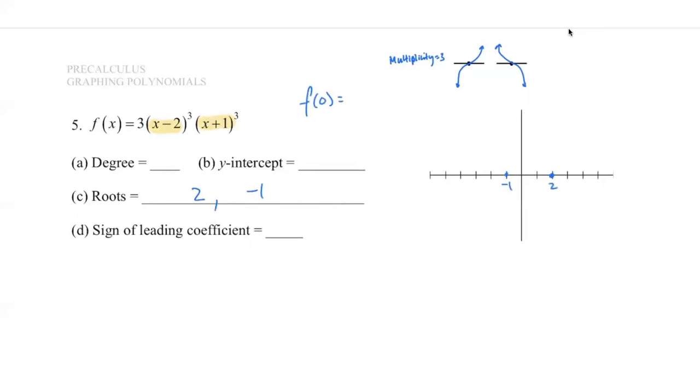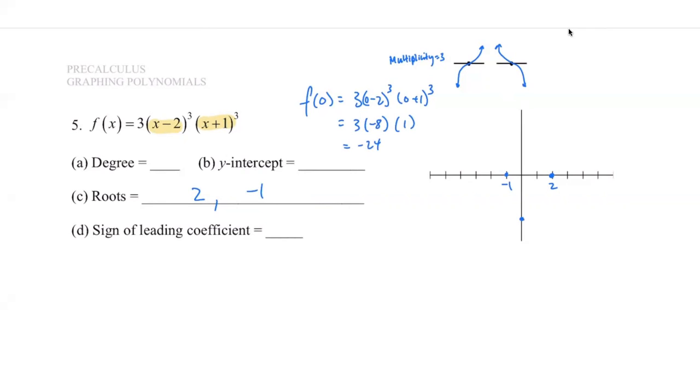To find the y-intercept, we put in 0 for x. That would be -8 for the first set of parentheses. The third one would be just 1, so you have -24 as a result.